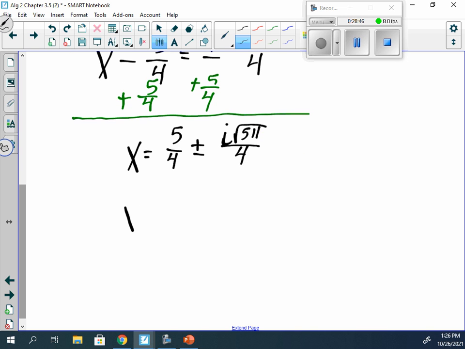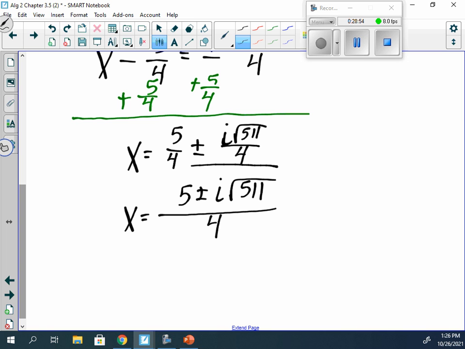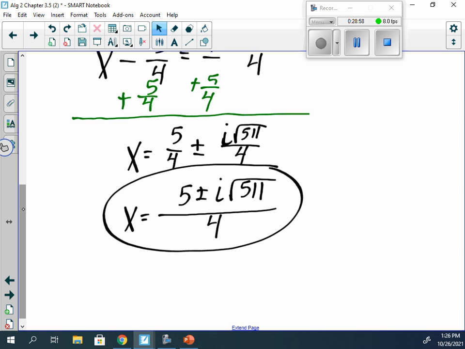Well, really, since the denominators are the same, we can rewrite it on the same line. We don't have to split it up. We can write it as one term, since both denominators are 4.